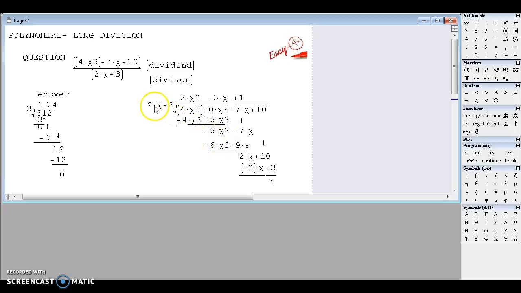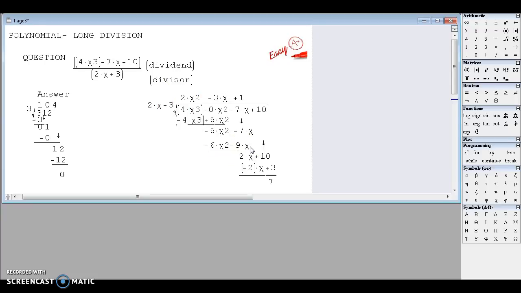So how many times can 2x go into negative 6x squared? If you remember, you can always use the rough work and get the figure, and that will be negative 3x, right? And then you say negative 3x times 2x, we have negative 6x squared. And then you say again negative 3x times 3, and then we also have negative 9x.